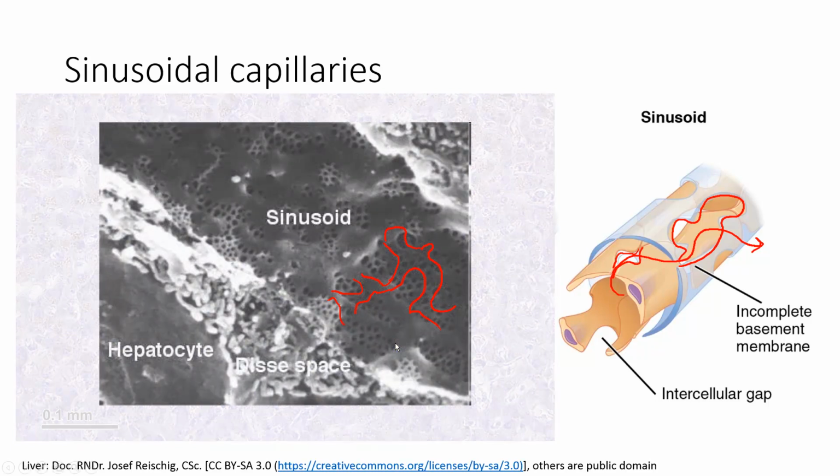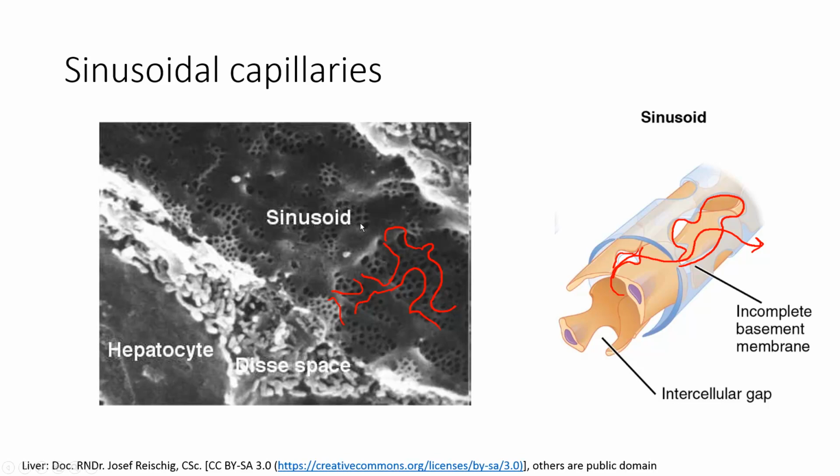If we look more closely at a sinusoid, the best example of these is in the liver. This is a hepatocyte or liver cell out here. Inside the capillary itself, we can see these gaps or holes in the cell membrane through which substances can flow.